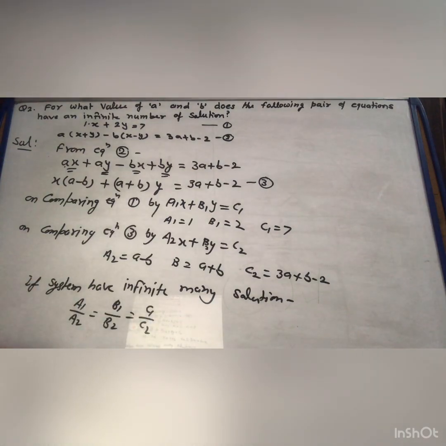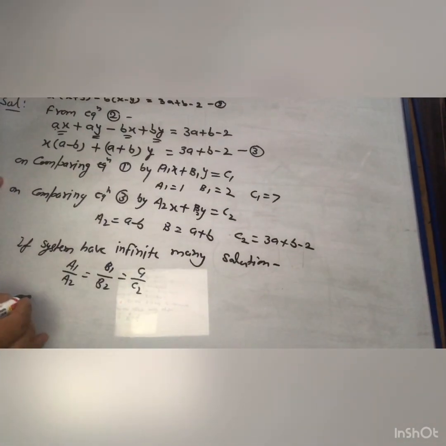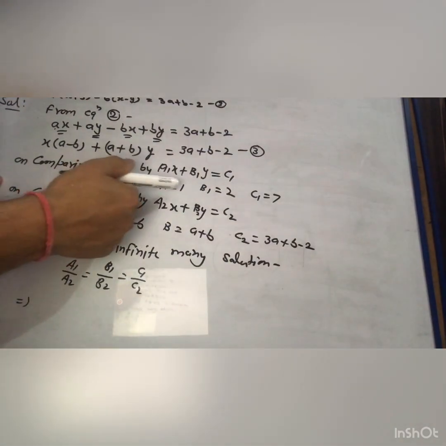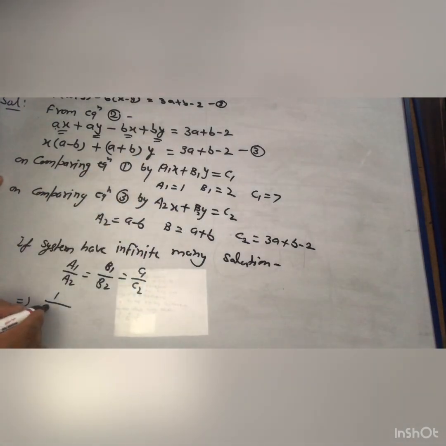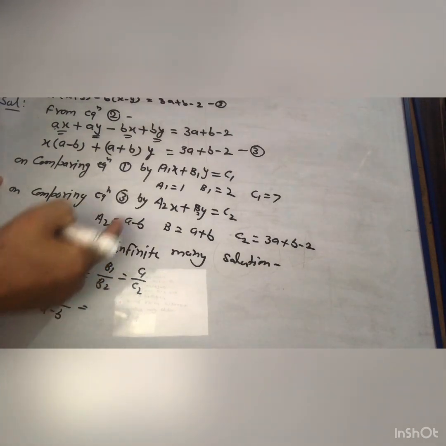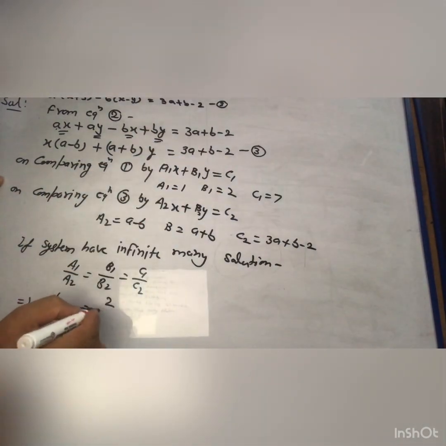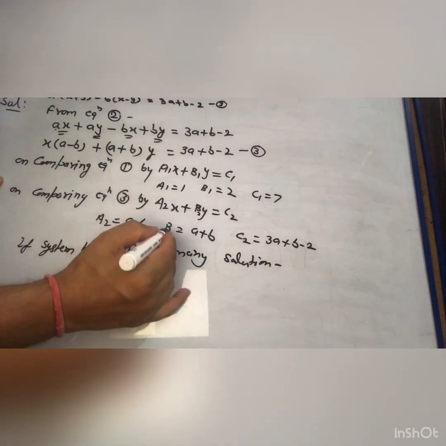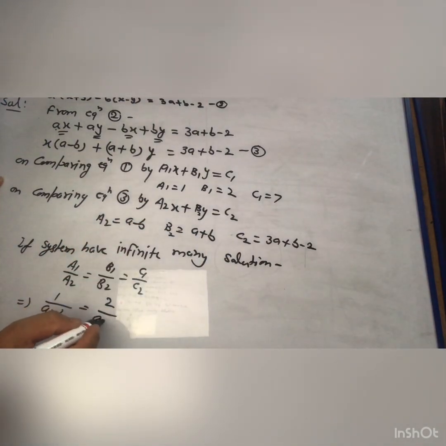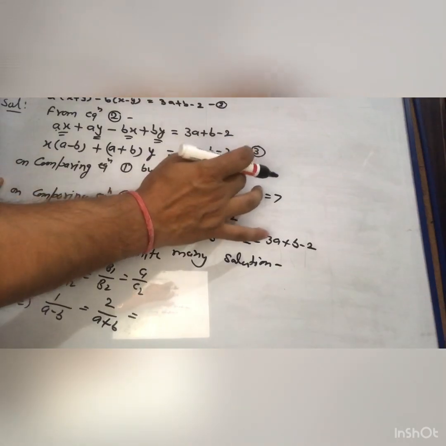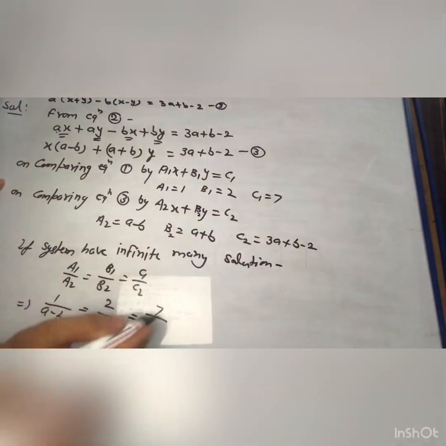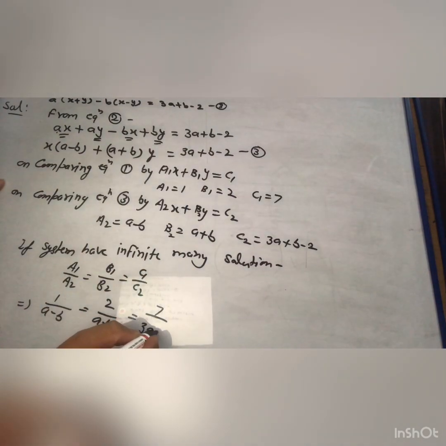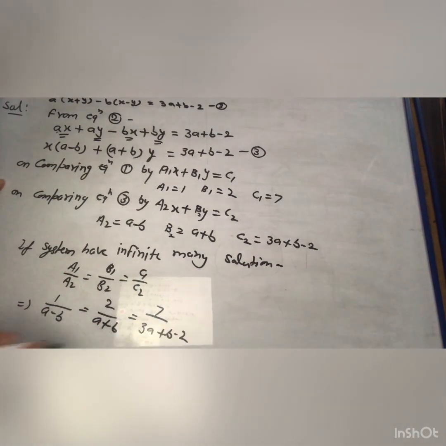On putting the values, a1 is 1 and a2 is a minus b, equal to b1 which is 2 upon b2 which is a plus b, equal to c1 which is 7 upon c2 which is 3a plus b minus 2.